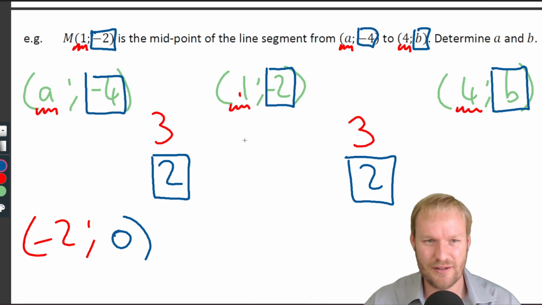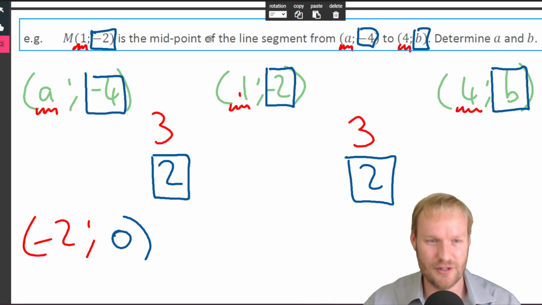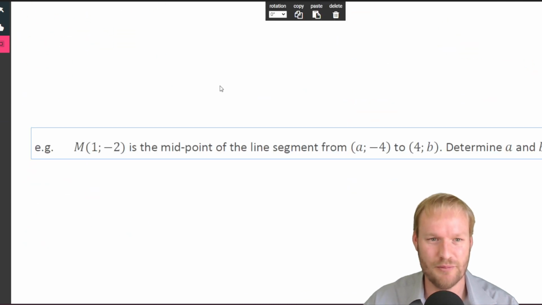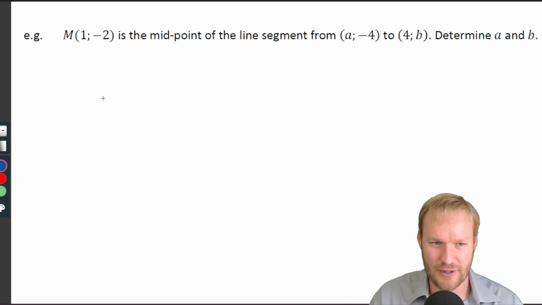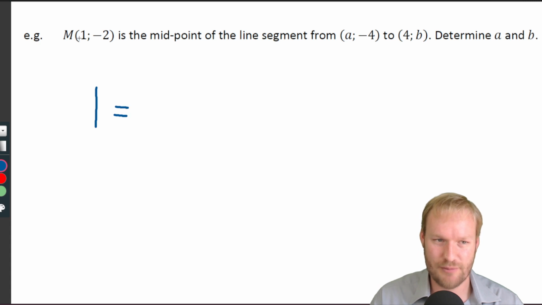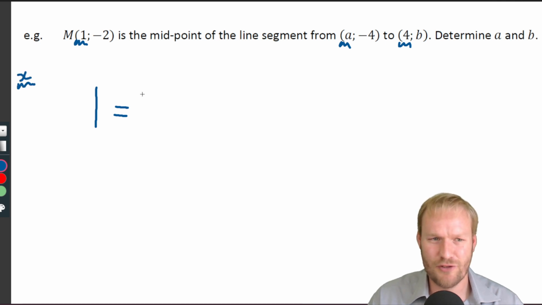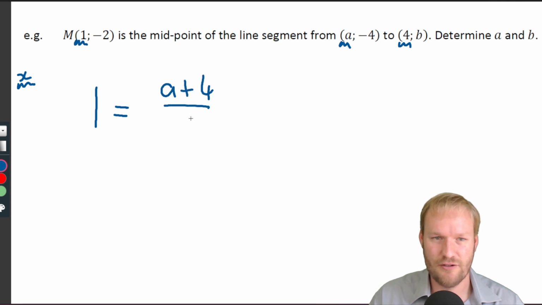The second way that we might approach this problem is more along the lines of that formula. So we might say, well, 1 is the midpoint, and we're looking at the X part. So I'm going to do these X's here. For these X parts, we've got 1 is the midpoint between A and 4.